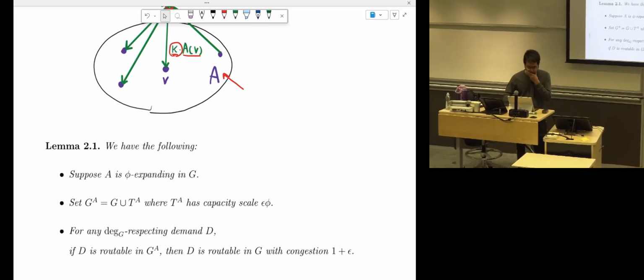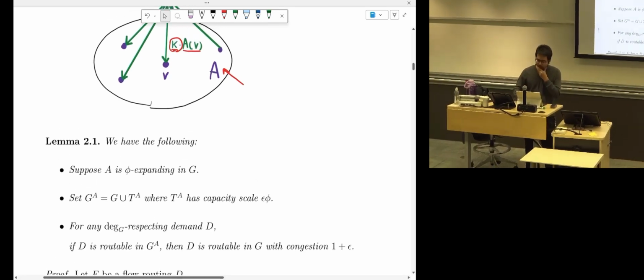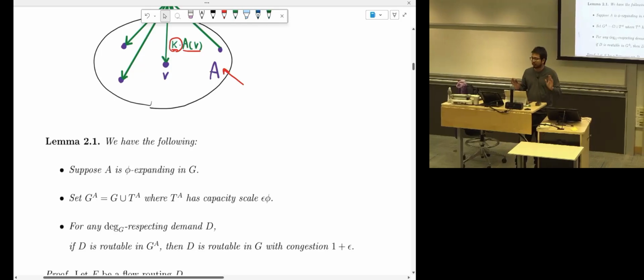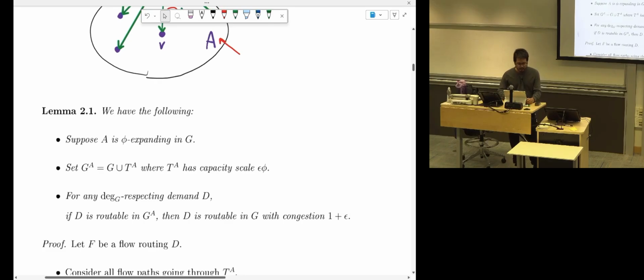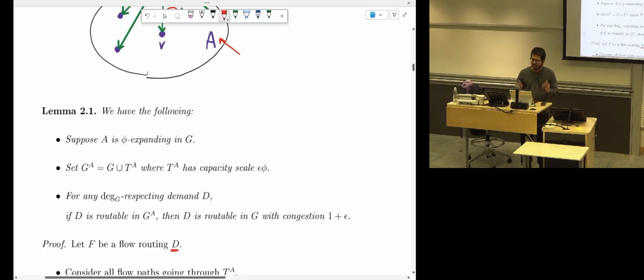So this is the statement. Okay, let's see the proof. Let's say that I have some flow that routes some demand D. This flow is in the shortcut graph. Now I need to construct another flow that routes the same demand with congestion 1 plus epsilon.